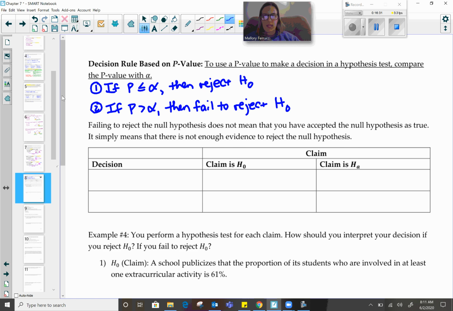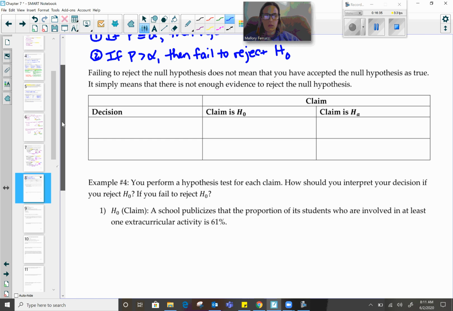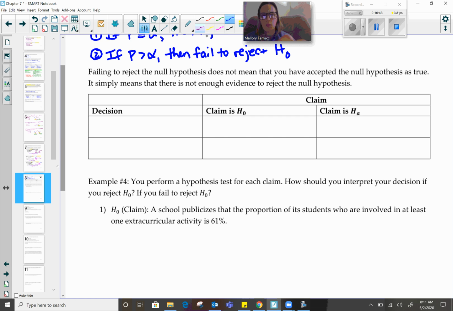So I really like this chart. I'm going to use different colors to show where these are coming from. So I'm going to start with the decision. So if your decision is to reject the null hypothesis, okay, we have to write quite a bit for these, especially in the decision making.